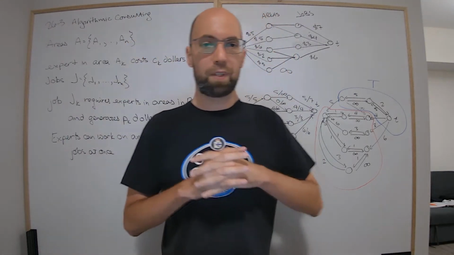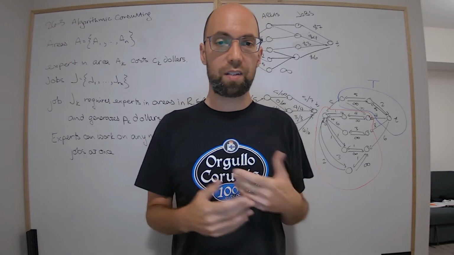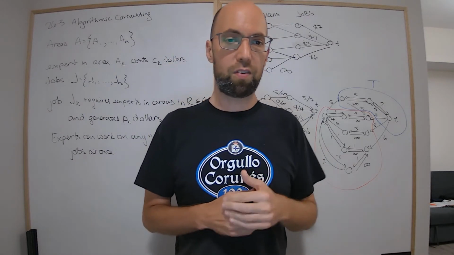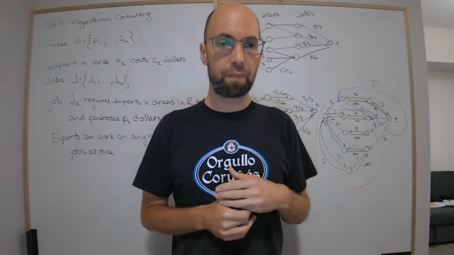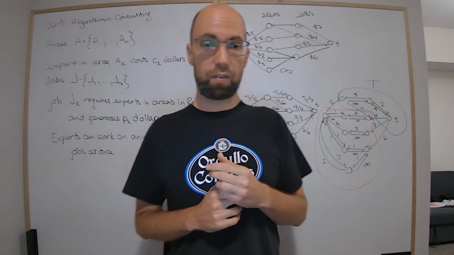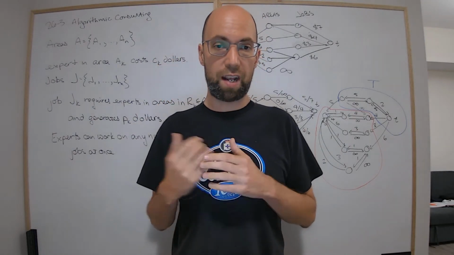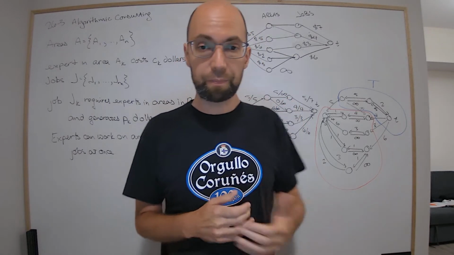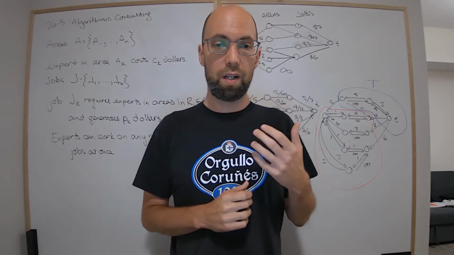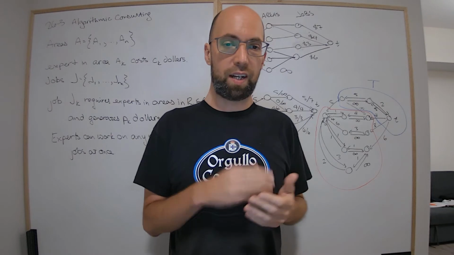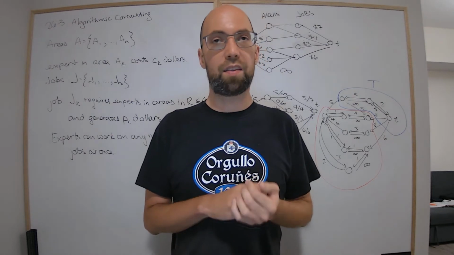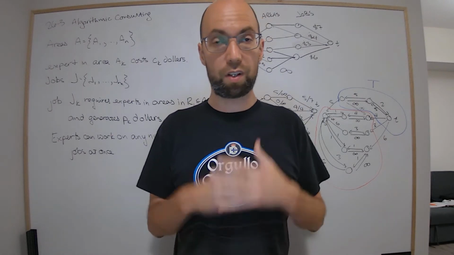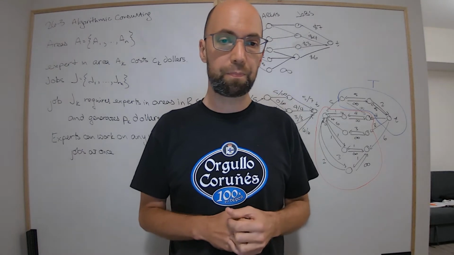Okay, consider the following flow network G. It contains a source vertex S, vertices A1 through AN, vertices J1 through JM, and a sink vertex T. Basically it connects S to AK, and the capacity is CK, so the cost of hiring that expert.